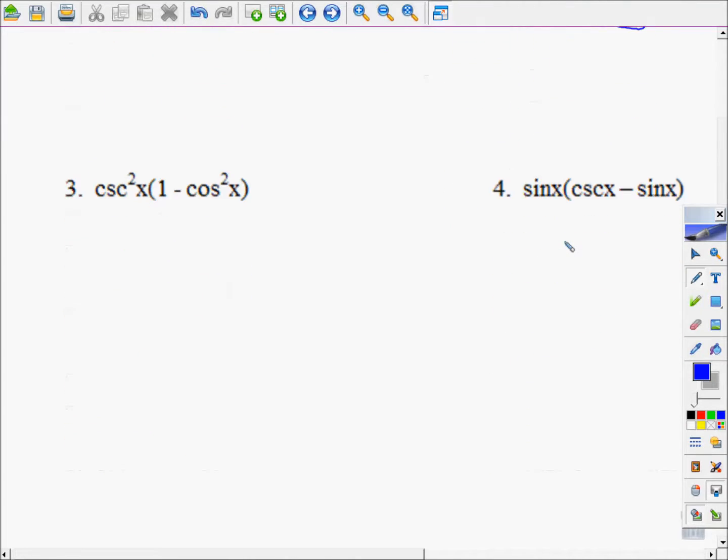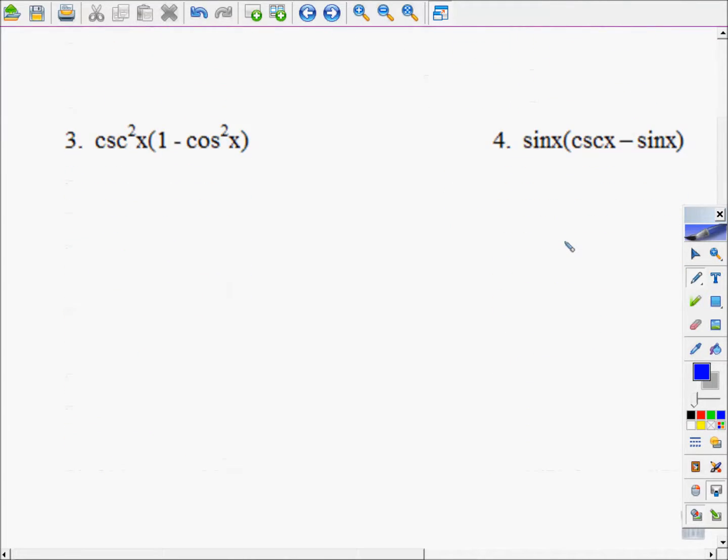Okay, here. This problem comes down to, first off, I have cosecant squared x. I have 2 options. I can go ahead and distribute, or I can go ahead and convert it into what? Sine. What kind of sine? Cosine. 1 over sine squared, right? Because this is a reciprocal of sine.